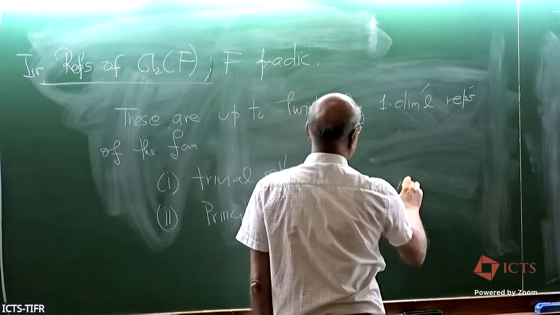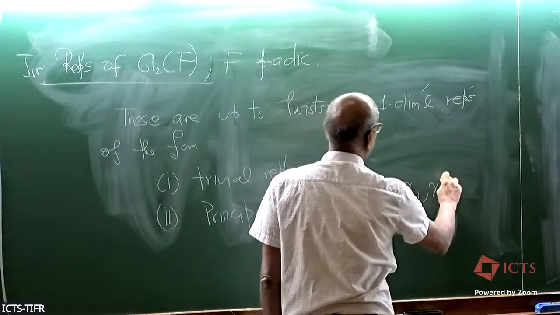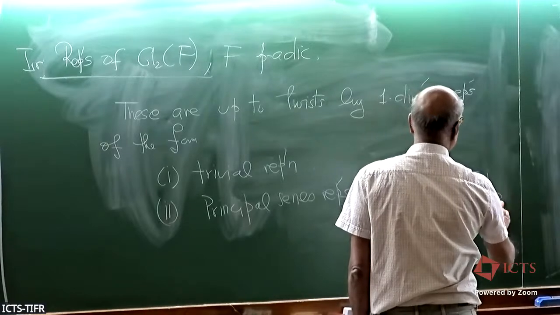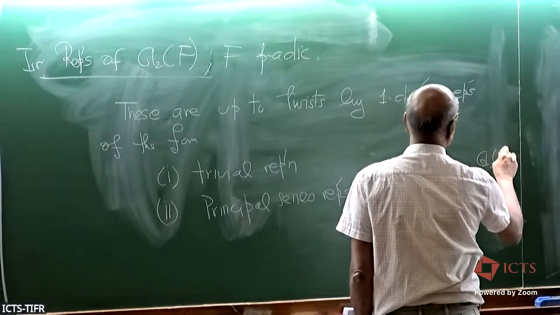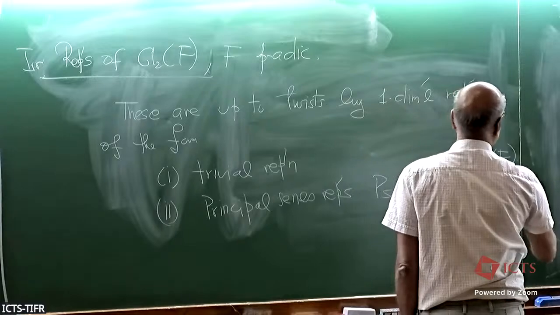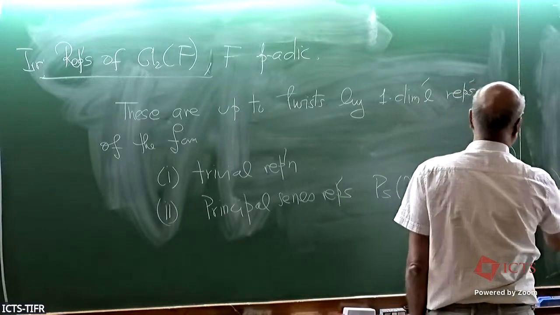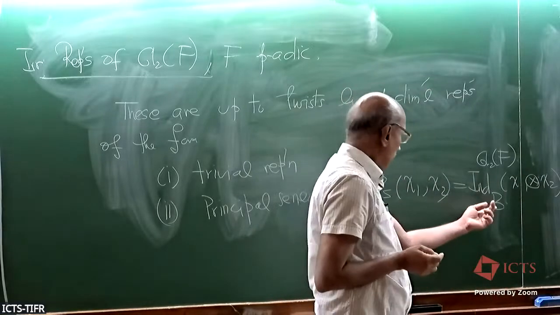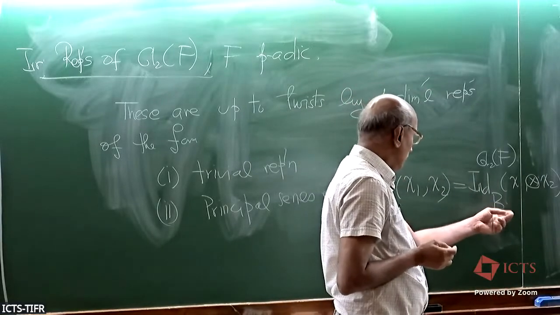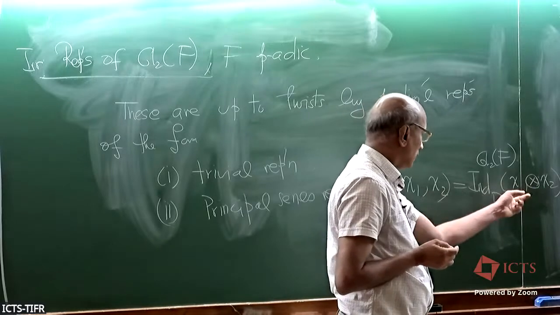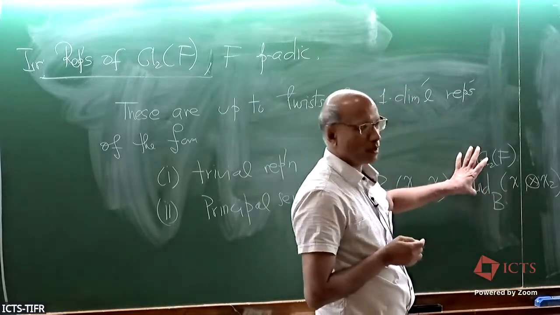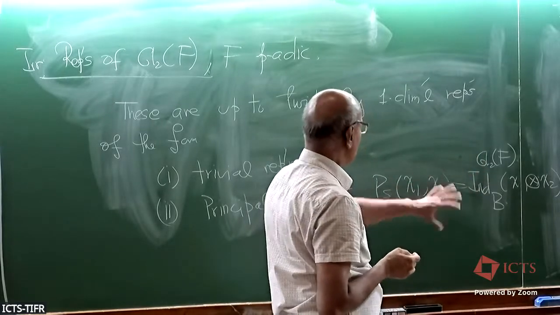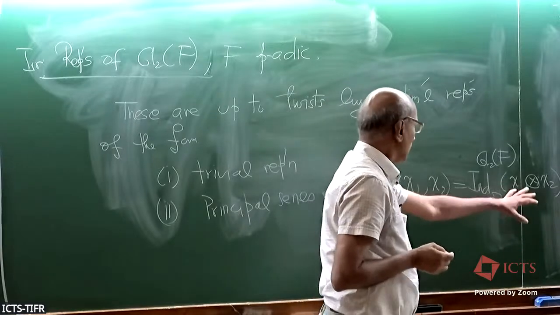And I will denote them by PS(chi1, chi2). And these are induction from B to GL_2(F) of this character chi1 tensor chi2. The Borel has two entries t1, t2, and this is chi1(t1), chi2(t2). This induction is what is called normalized induction, but I will not define what is called normalized induction.